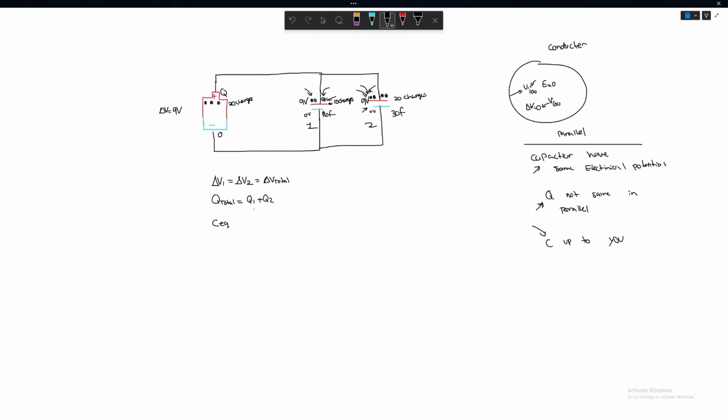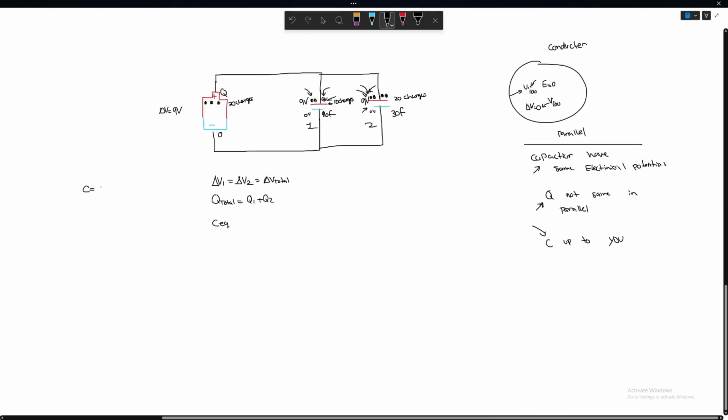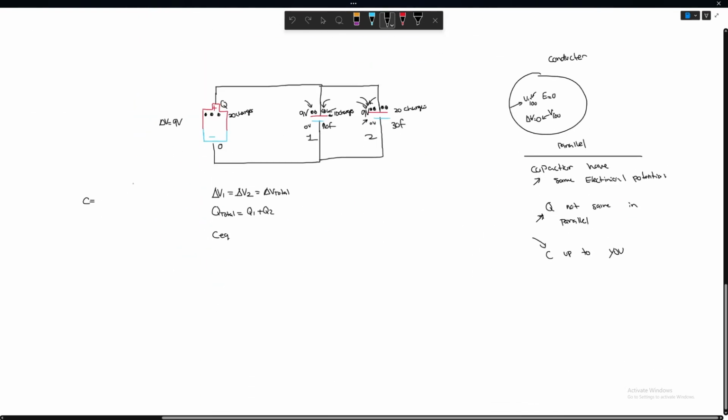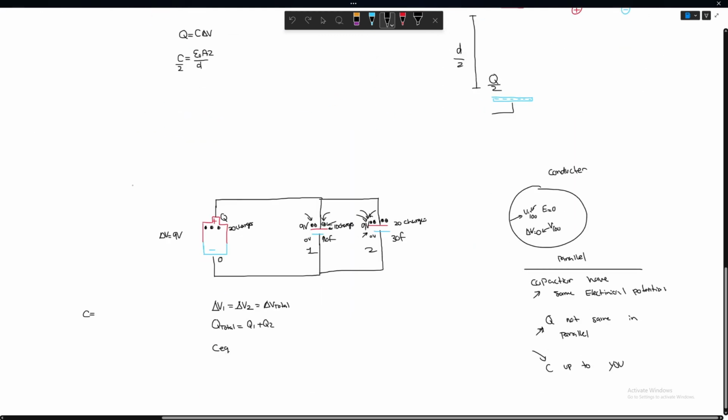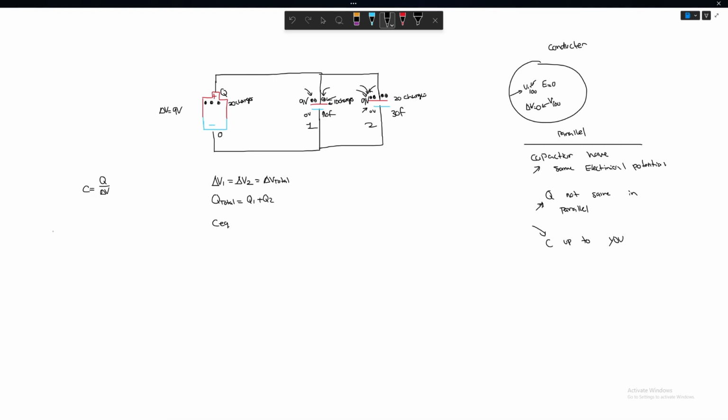Because I want to find the total capacitance in the circuit. Well, I know C equals Q over V, the potential difference. Now, if I have two of them, C1 and C2 like in my case, then this plus C2 is what you do, right?